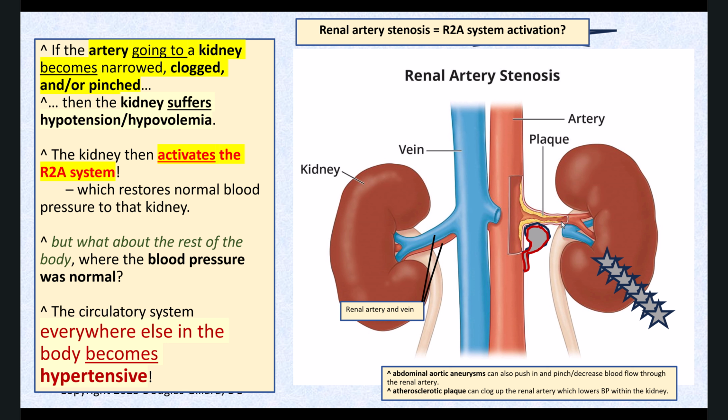In this case, the kidney will think there's hypotension everywhere in the body. It doesn't know, so it secretes renin, and your overall blood pressure goes up until your kidney pressure becomes normal. So this kidney will have normal pressure, but the rest of your body will have hypertension. Got it? Great.